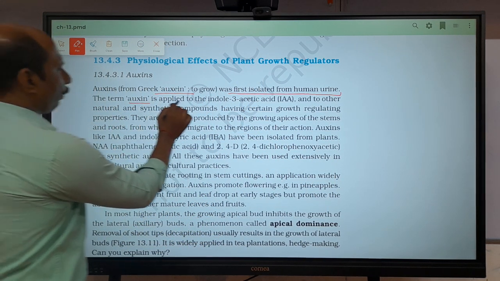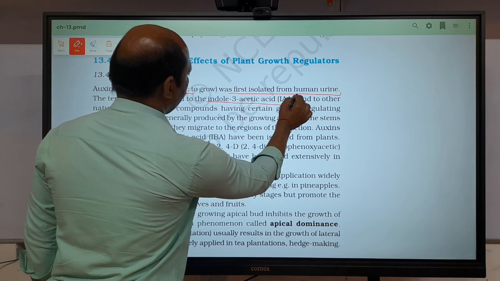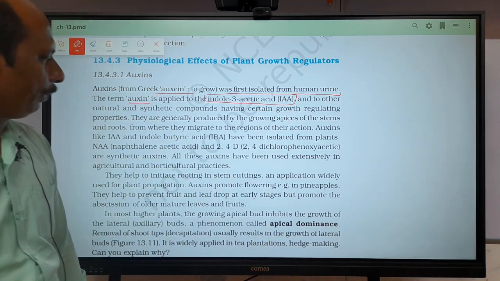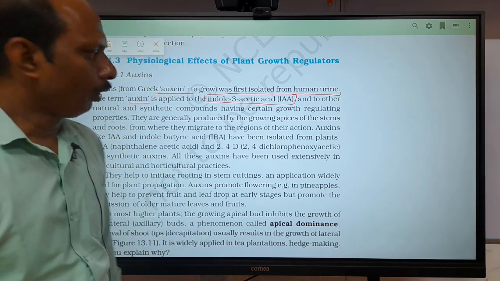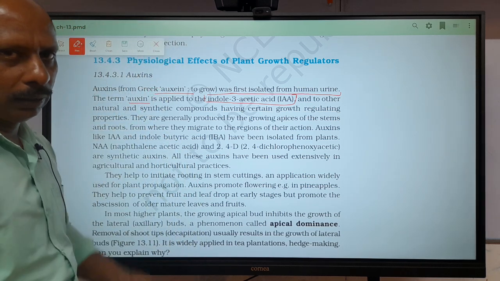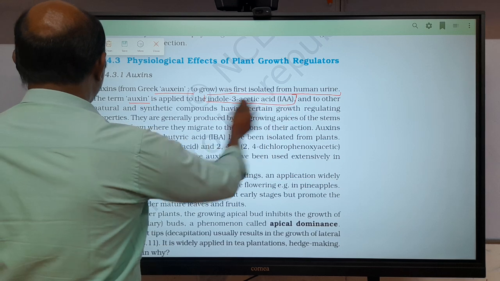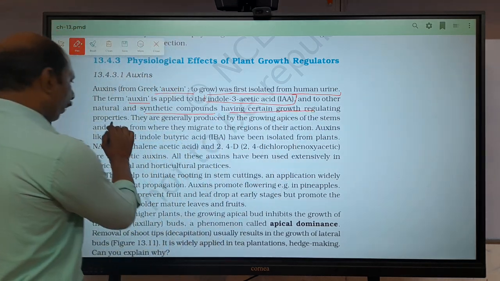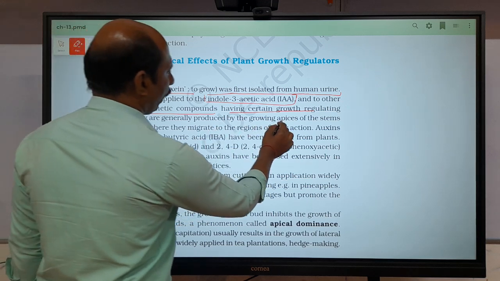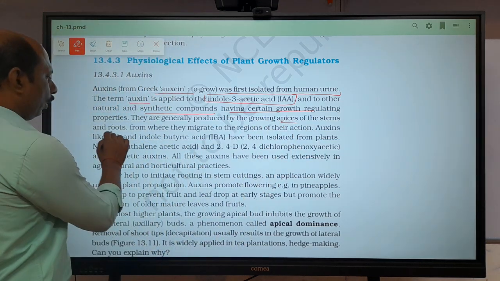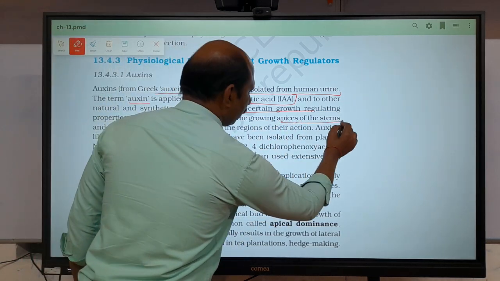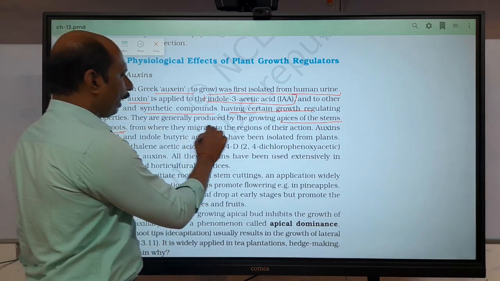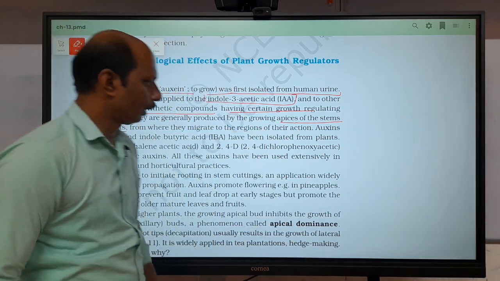The term auxin is applied to indole-3-acetic acid, IAA, which is the natural one. Look, we have two, IBA and IAA, both are natural, and all the others are artificial. And other natural and synthetic compounds having certain growth regulatory properties are generally produced by the growing apex of the stem and root, that means in the apical region, meristematic tissue, from where they migrate to the region of their action.